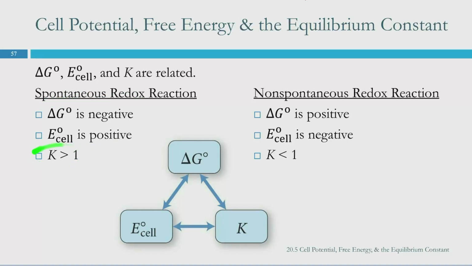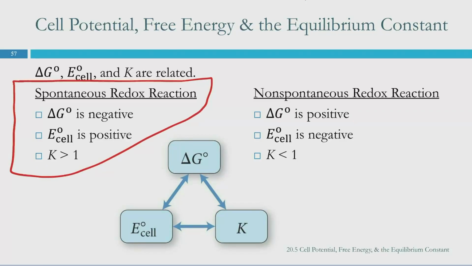And if K is greater than 1, that is also going to be a spontaneous redox reaction. So this whole bit might be helpful to have memorized. And we can relate all 3 of these concepts to each other. So we'll be going through each of those arrows.